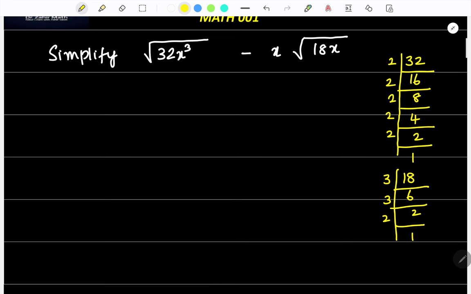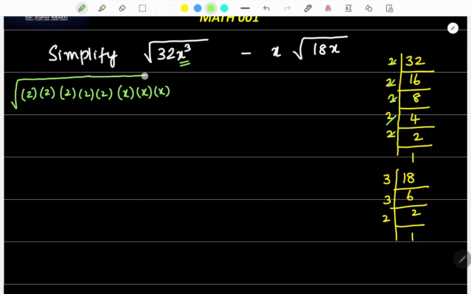So we are going to write these numbers. Square root of 32x cube, I'm writing as 2 times 2 times 2 times 2 times 2, how many 2's? 1, 2, 3, 4, 5. And then we have x cube, so 3 times I'm going to write x.